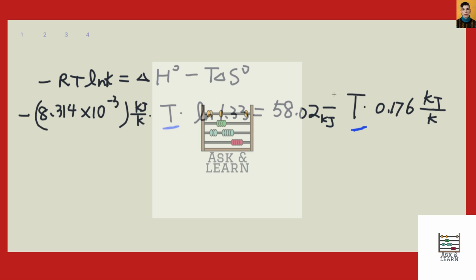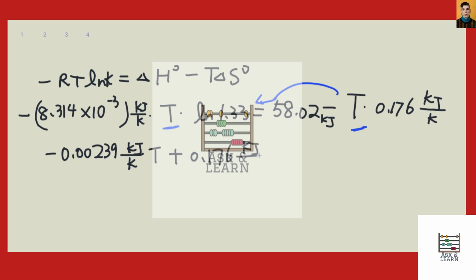If we move this term to the left side, we get a new expression: negative 0.00239 kilojoules per Kelvin T plus 0.176 kilojoules per Kelvin T equal to 58.02 kilojoules.